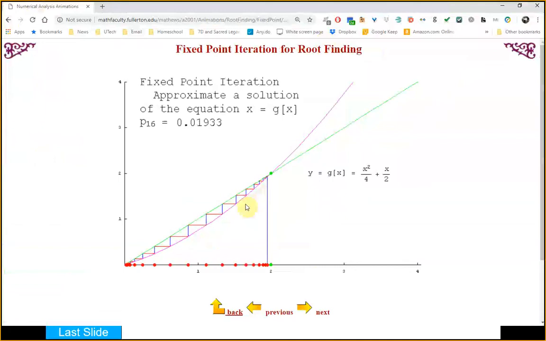The function is x equals x squared over 4 plus x over 2. Obviously, x equals x something plus x something. The trivial solution is x equals 0. You don't have to do some iterative procedure to find that. Everybody see that? Yeah, that 0 is a solution.